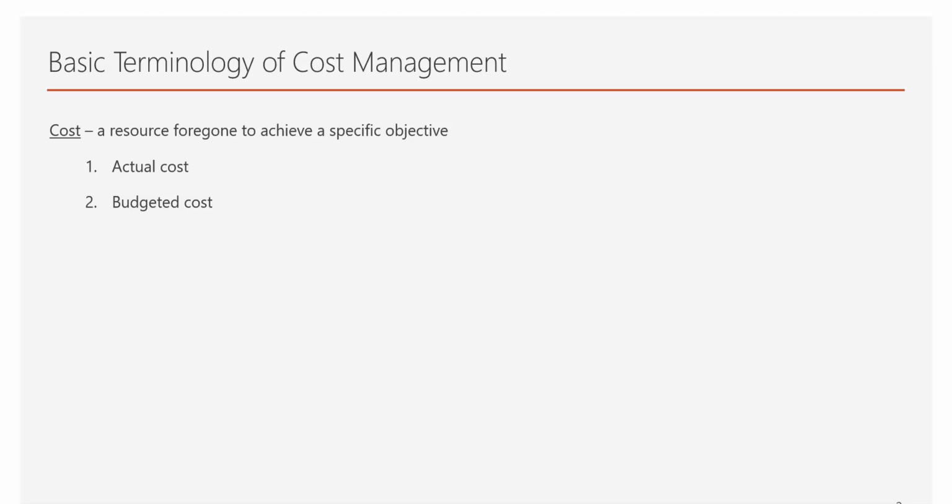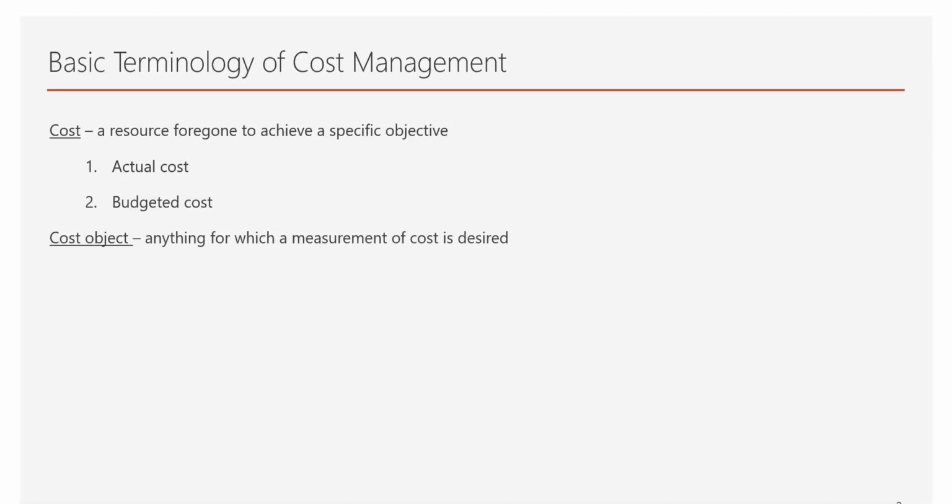In my example with the car, the purchase of the car would be an actual cost because I've already purchased it. But what if I haven't purchased a car yet, and I'm just planning on doing it at some point in the future? I may even have a specific date in the future where I plan on buying that car. But because I haven't actually bought it yet, that cost is a budgeted cost.